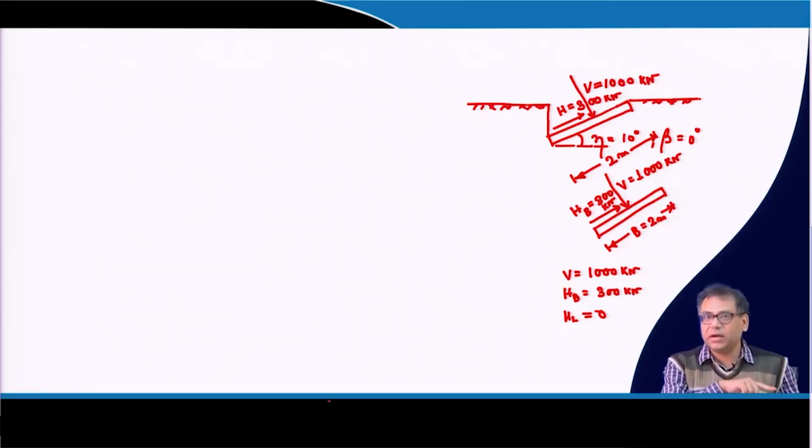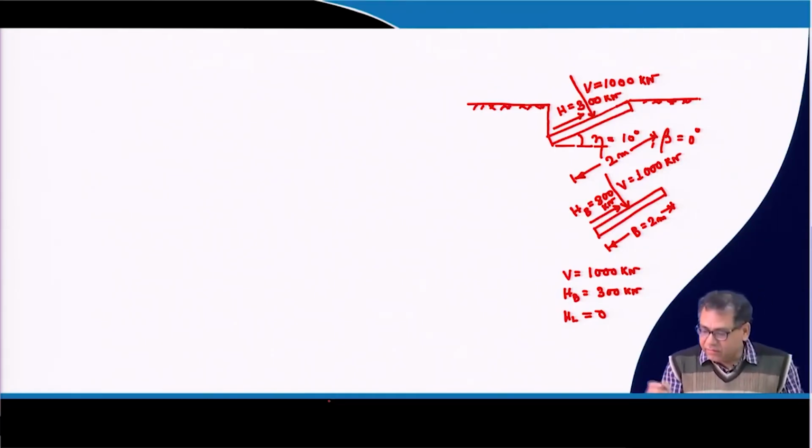In the previous example case I discussed that horizontal load is acting parallel to L and no horizontal force was acting parallel to B, but it is opposite. That means horizontal force is acting parallel to B, but no horizontal force acting parallel to L. But there is a vertical force acting at the center of the footing, that means no eccentricity. But if there is eccentricity also, then you have to incorporate that effect, as I discussed in my previous lectures.